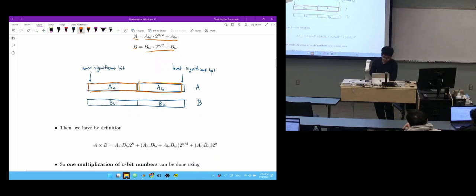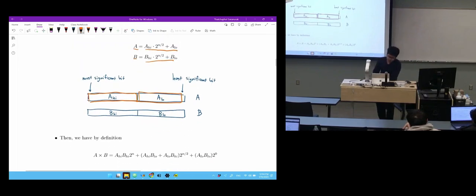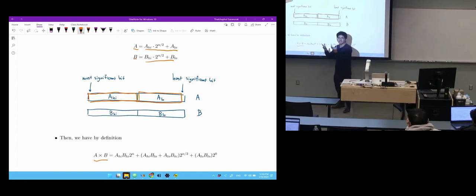And now, just from the definition, you can see that to multiply a and b, it's just about multiplying smaller numbers, a high, a low, b high, b low, in this way, right? Just expand this, multiply them, and put it into this term.